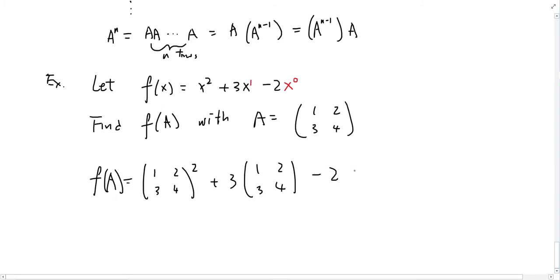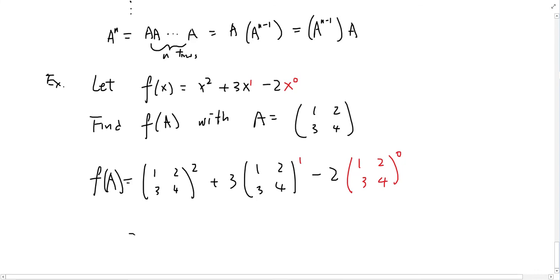With that being said, that means in your expression, when you plug in A, you're actually doing 3 times 1, 2, 3, 4 to the first power minus 2 times 1, 2, 3, 4 to the 0 power. That is something you have to remember, otherwise you screw up your math.